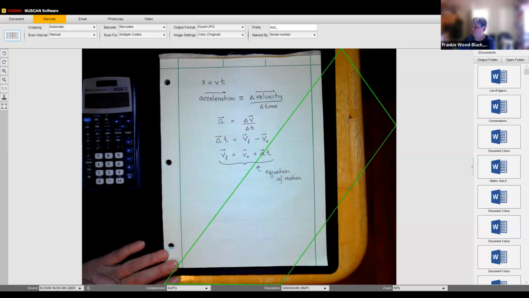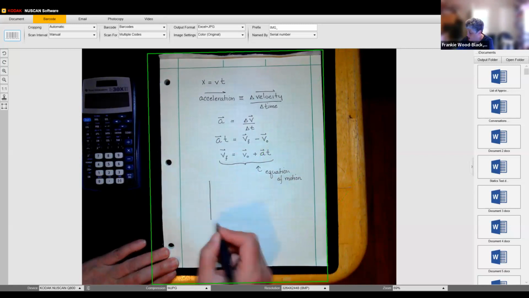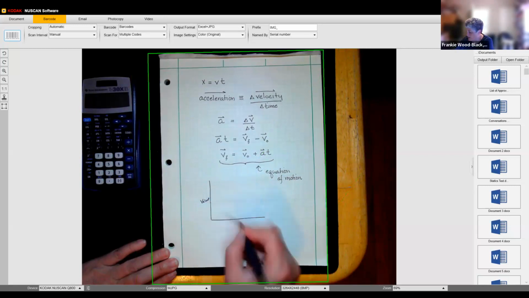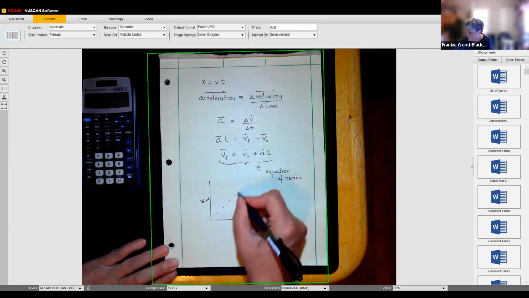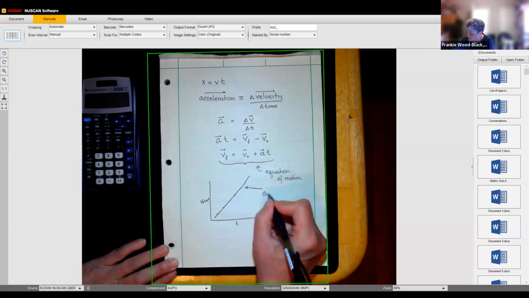And just like that one, if I make a plot, and as you guys saw that plot with acceleration, if I do velocity versus time, and I get a straight line, this tells me I have a constant acceleration.